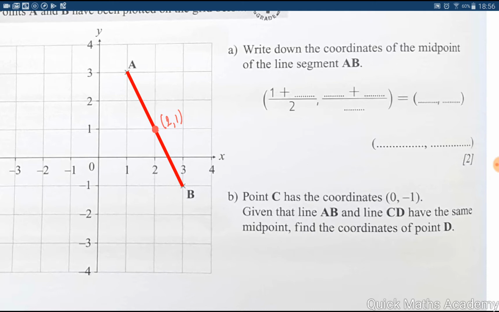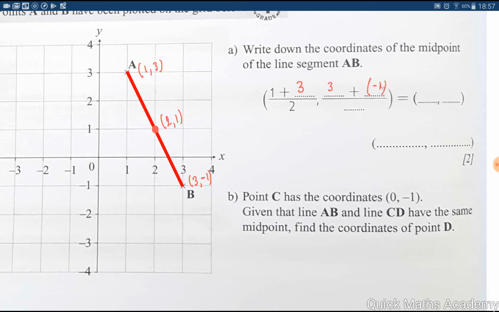In this case I have the point 1, 3, and here I have the point 3, -1. So my midpoint will be, first I sum up the x's: 1 plus 3 over 2, and then the y's: 3 plus -1 over 2.